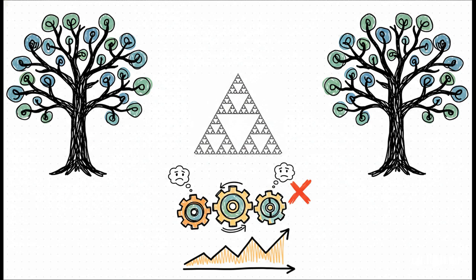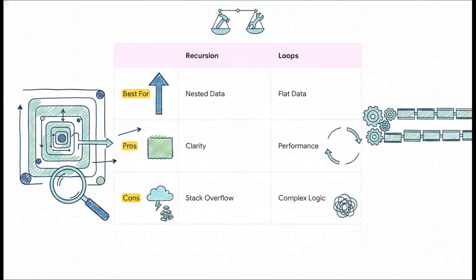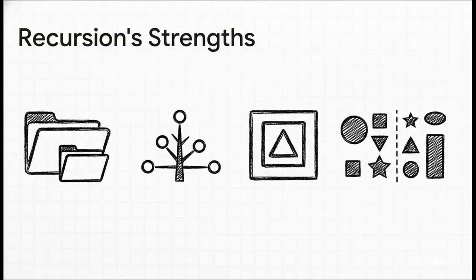Okay, so if loops are usually faster and safer, why do programmers even bother with recursion? Is there any point to it? Oh, absolutely. It all just comes down to using the right tool for the right job. You wouldn't use a hammer to saw a piece of wood. Recursion isn't for everything. It really shines when the problem you're trying to solve is itself naturally recursive. So here's the big takeaway.